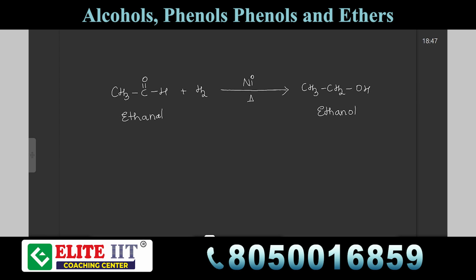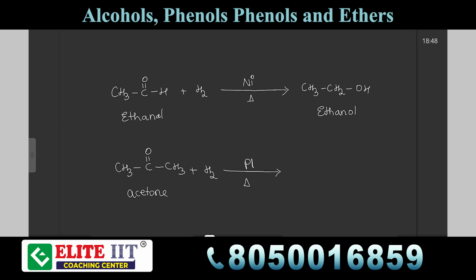Same thing if I use a ketone, like CH3, C double bond O, CH3, which we call acetone. The IUPAC name is 2-propanone, whereas the common name is acetone. I'll subject it to reduction, changing the catalyst here.